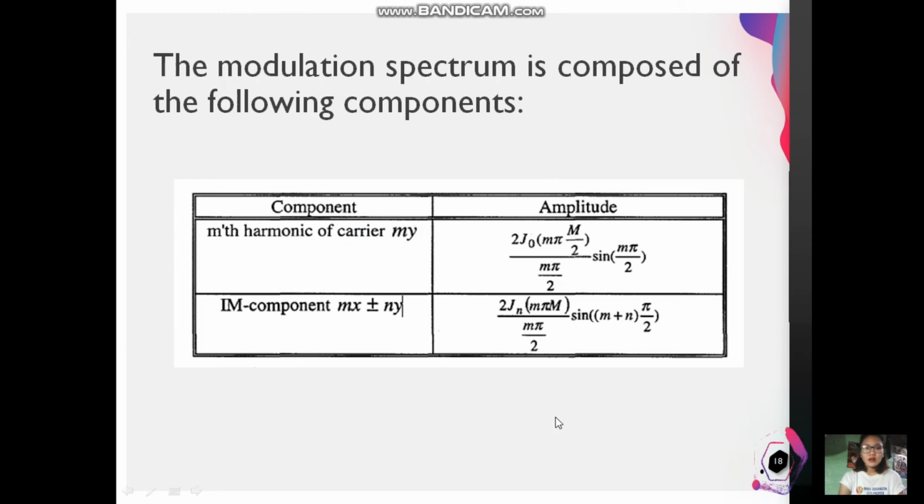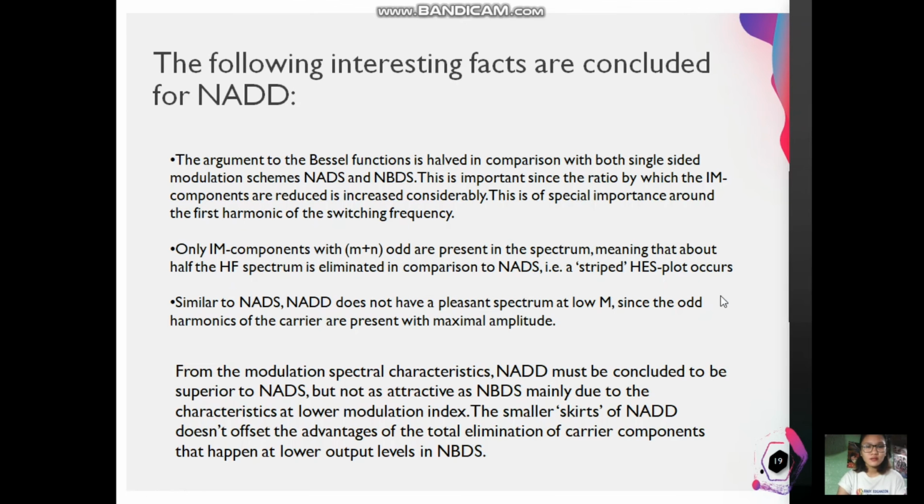Next slide. The modulation spectrum is composed of the following components. So in components, we have the mth harmonic of carrier and IM component with their respective amplitude. The following interesting facts are concluded for NADD.